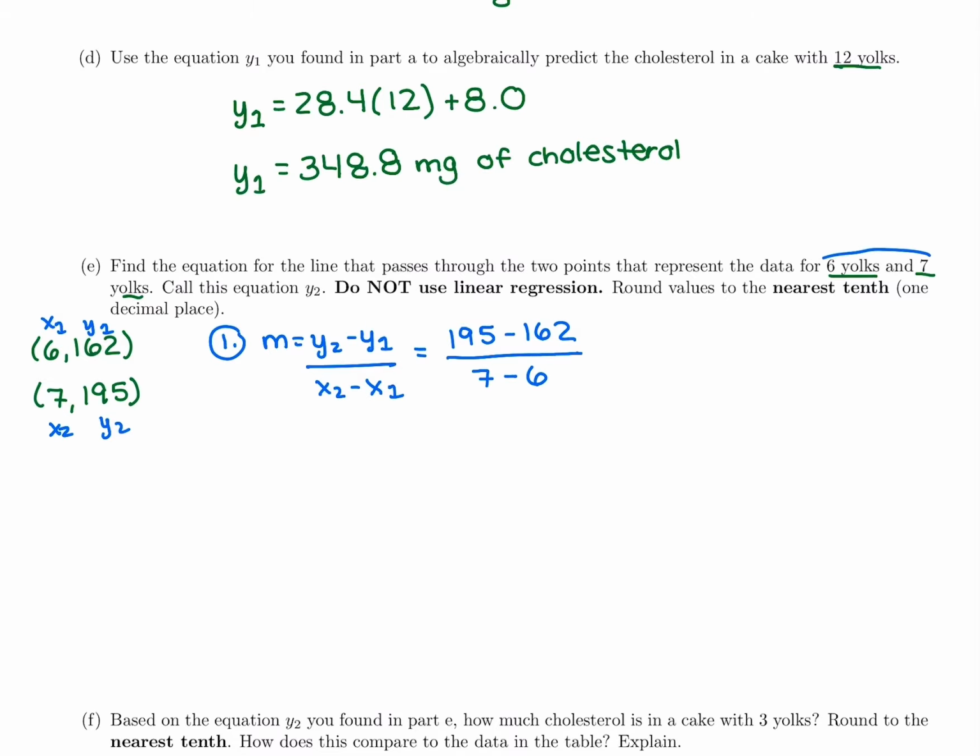And I'm just using these because that's what the problem asked me to. It said look between 6 and 7 egg yolks. So I'm going to grab my calculator and just subtract the top. 195 minus 162 is 33. So 33 milligrams of cholesterol is the difference between 7 minus 6, which is 1 egg yolk. So we get 33 as our slope.